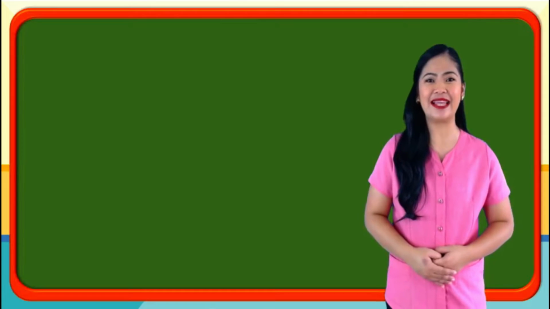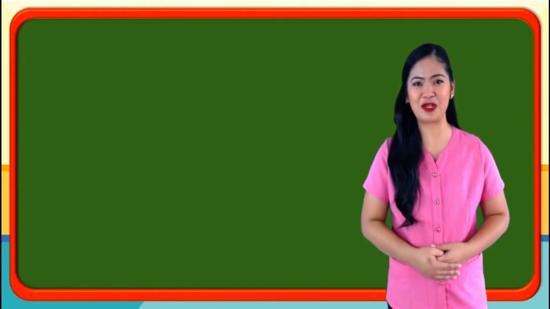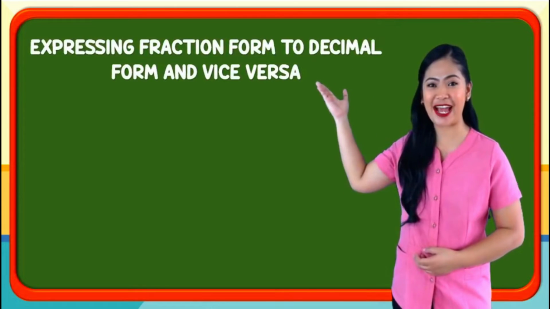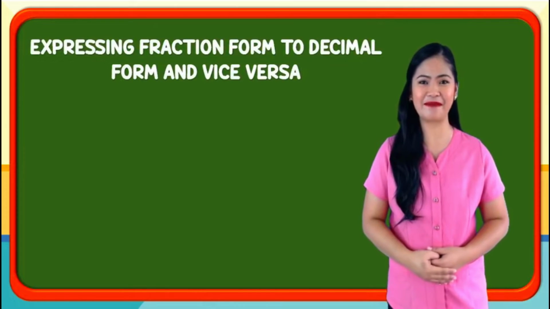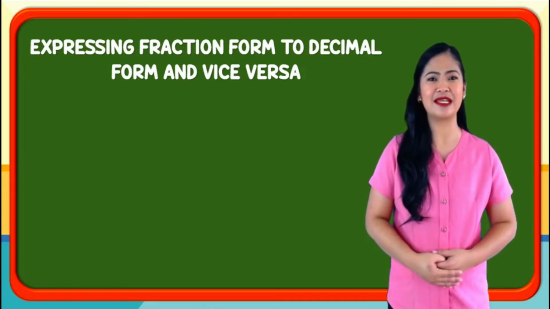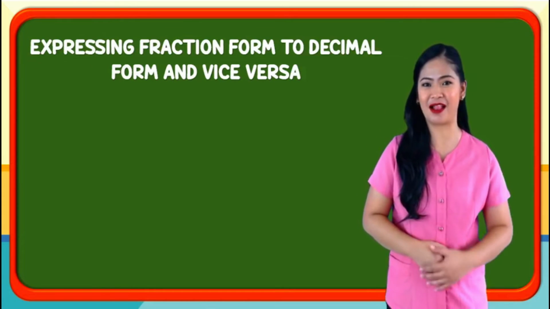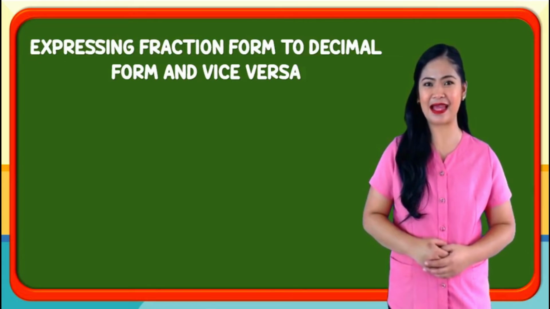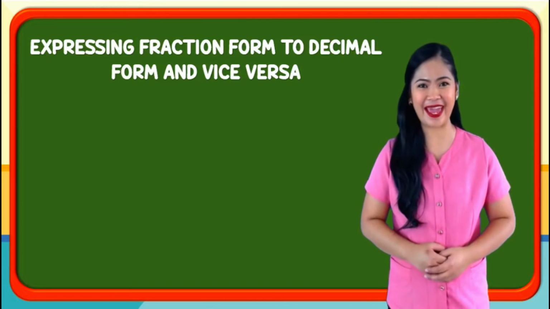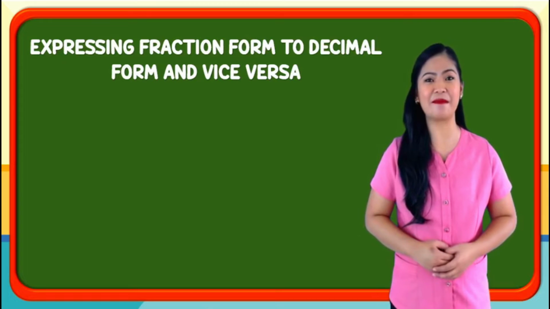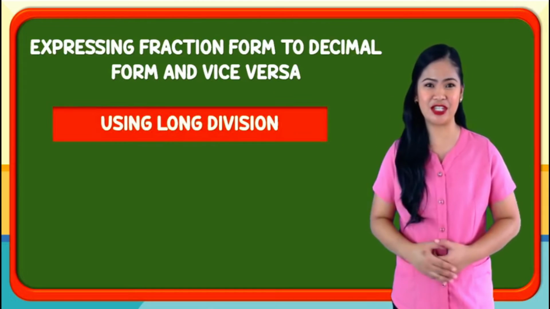This time, let us have the second topic, which is about expressing fraction form to decimal form and vice versa. So, how do we change a fraction into a decimal? Do you have any idea? Correct. We are going to use the method of long division.